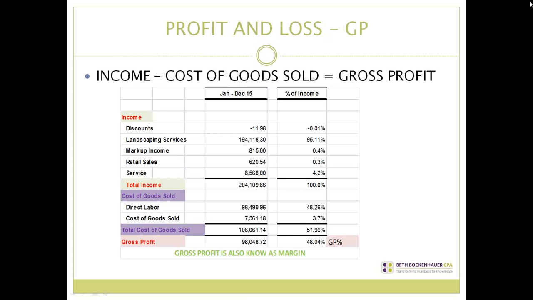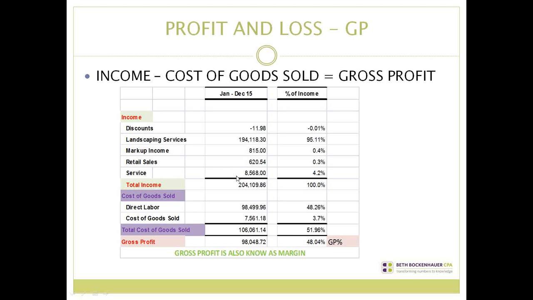So here's a nice visual of the income and the cost of goods sold portion of the income statement or the profit and loss. And we have income minus cost of goods sold equals gross profit. And then what we have here is we can see our income is $204,109.